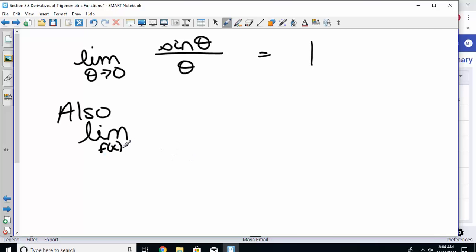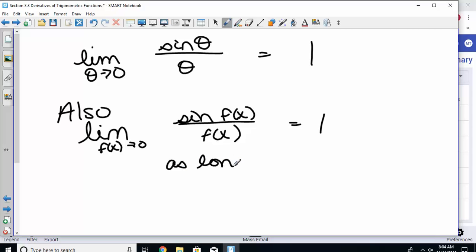If that expression goes to 0, then the sine of f of x over f of x still goes to 1, as long as the limit as x approaches 0 of f of x equals 0.